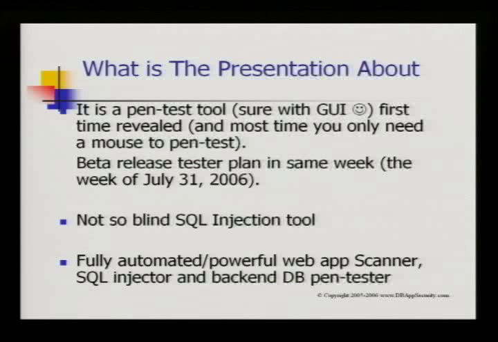And it's not a so-so blind SQL injection tool. I will show you a bit later. It's fully automated, powerful, and comes with a bunch of pen test policies for different databases. Here's a quick glance of how this tool looks, but I will show you a flash demo very soon.